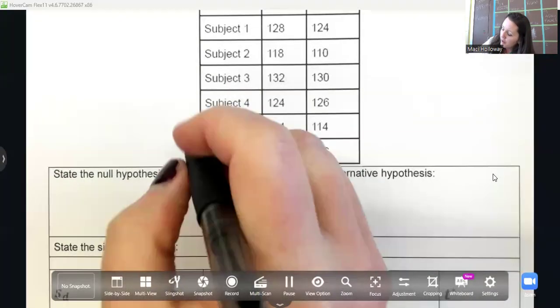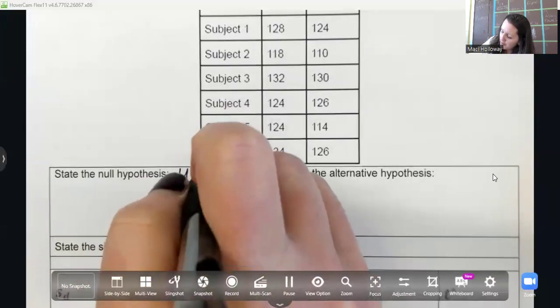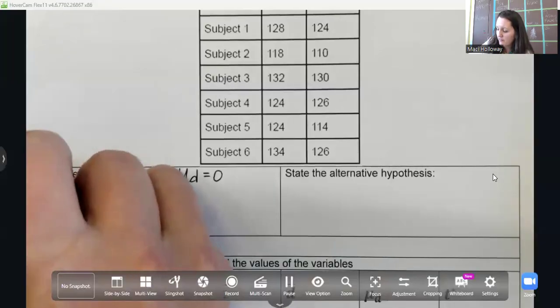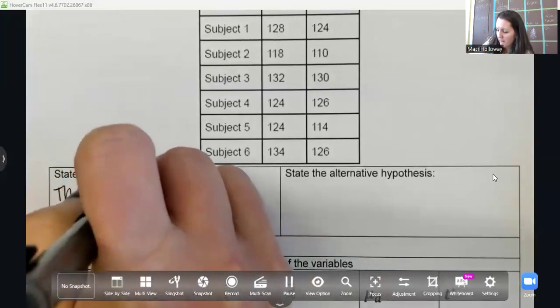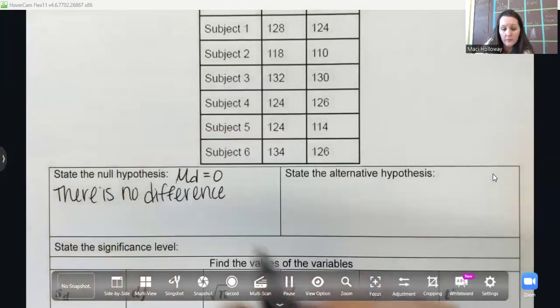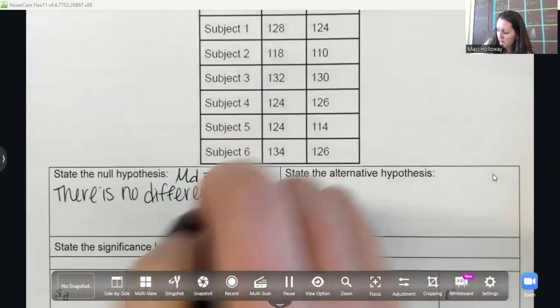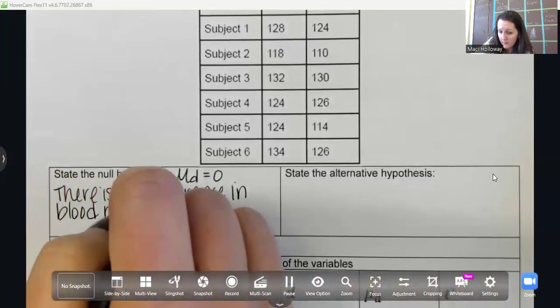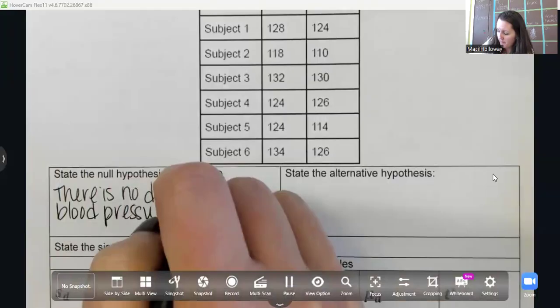So remember, our null hypothesis is that the difference equals 0, meaning that there is no difference in blood pressure after drinking coffee.